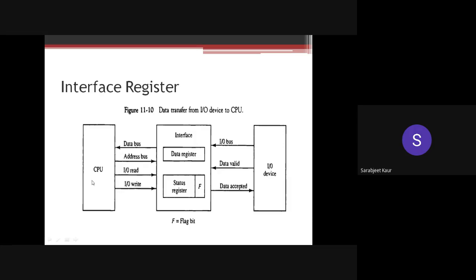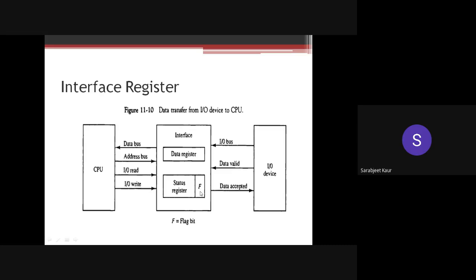It simply sits idle, and repeatedly goes again, and in the next time cycle checks for this flag bit. So until this flag bit is set, the CPU just keeps on checking the status register of the IO device.